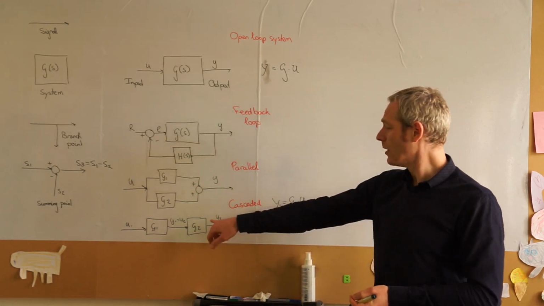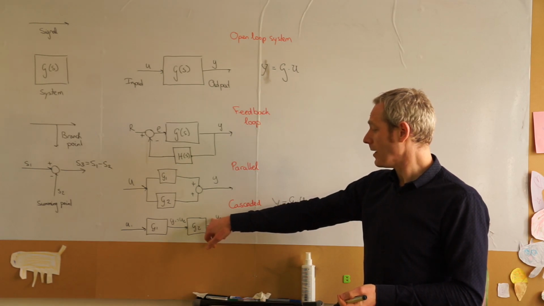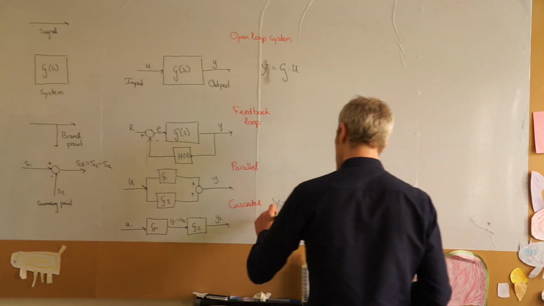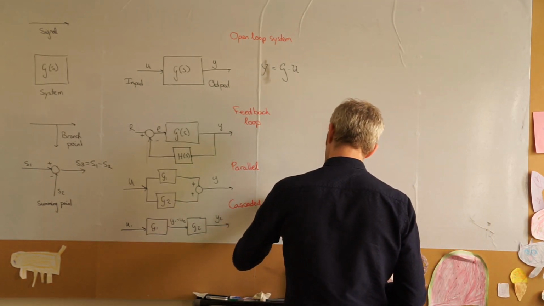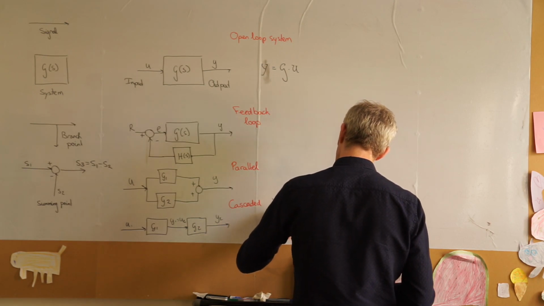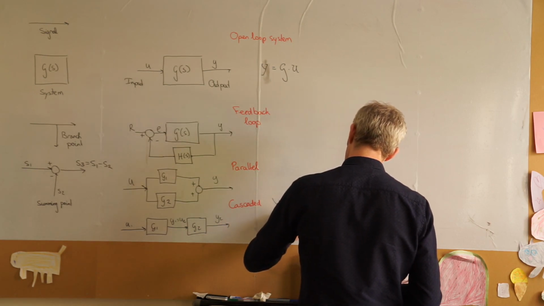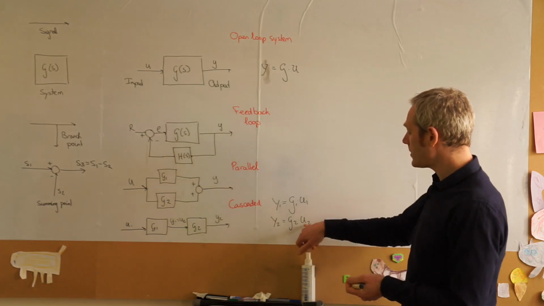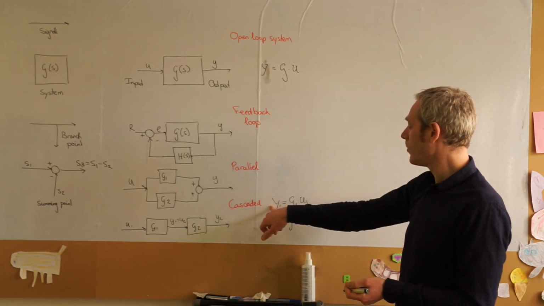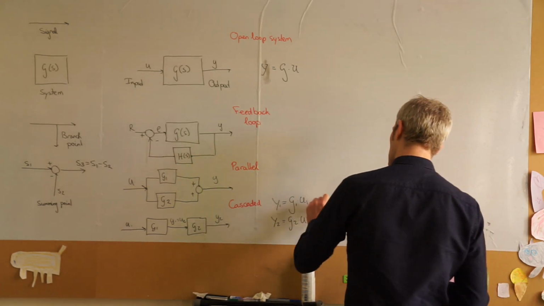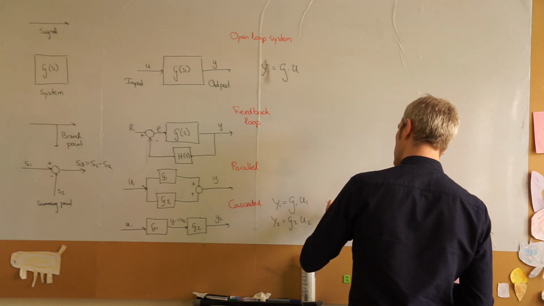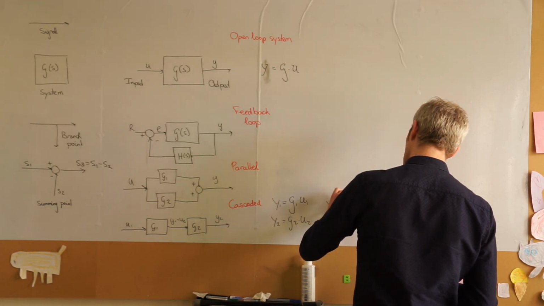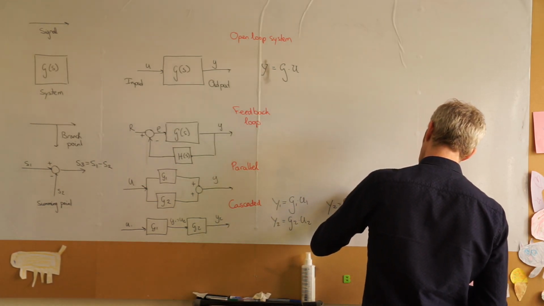But if I want to know the output Y2, well, I also know that Y2 is G2 times U2. But as U2 and Y1 are the same, I know that Y2 is simply G1 times G2 times U1.